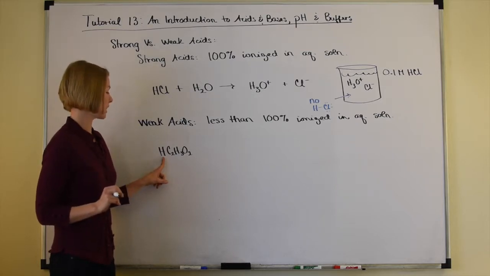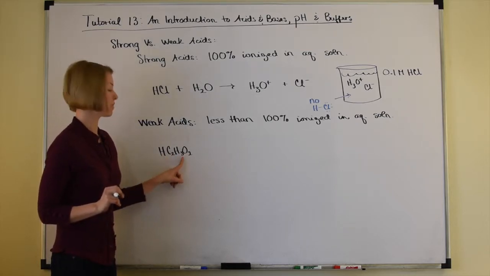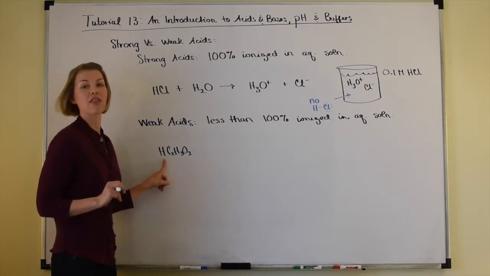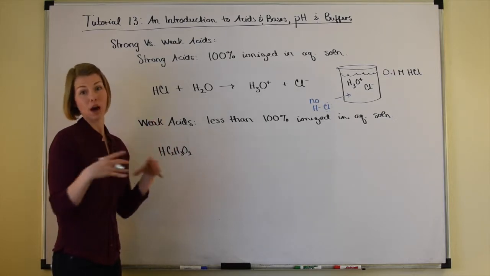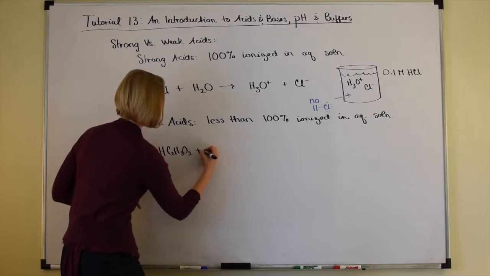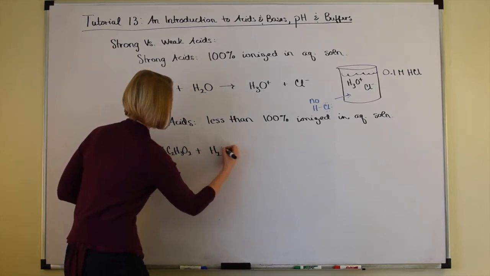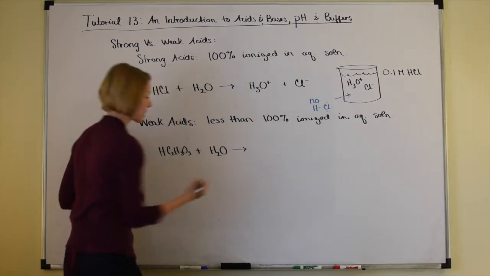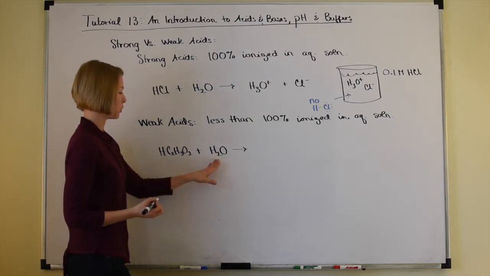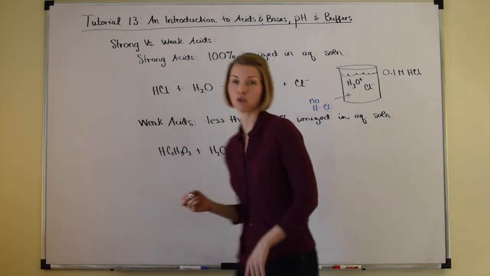So even though acetic acid has 4 hydrogens total, only one of them is acidic, and that has to do with the way that the atoms are covalently bound together. Okay, so only one acidic hydrogen here. Now we're going to show that reacting with water. And it is an acid, so it will still give up some H+ to H2O to produce hydronium.